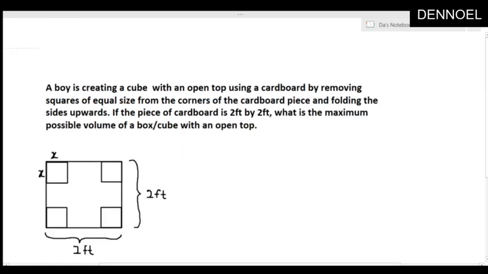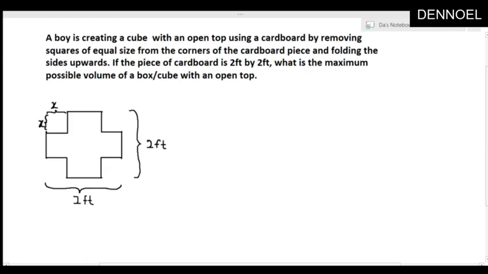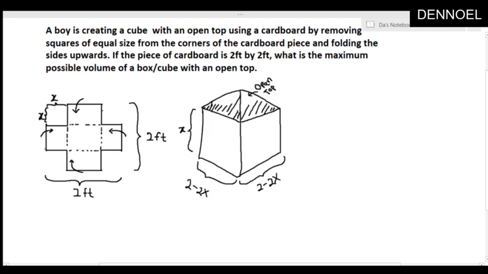Because it is unknown, we put x on the sides of the squares and we assume that the size is x by x. The idea here is that the remaining flaps are folded up to create this kind of box which I drew here.